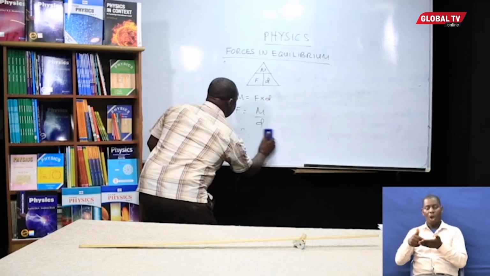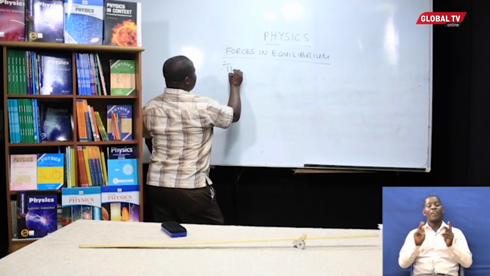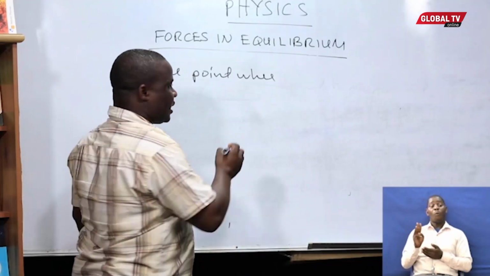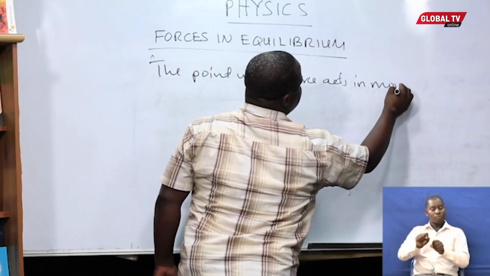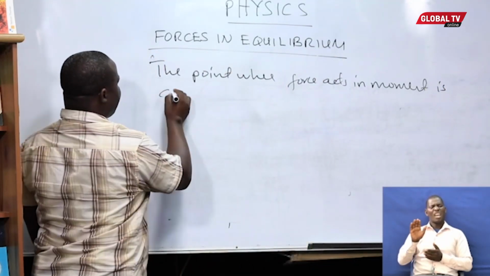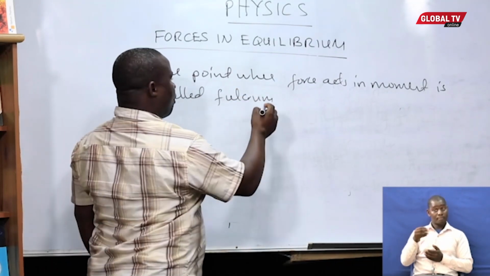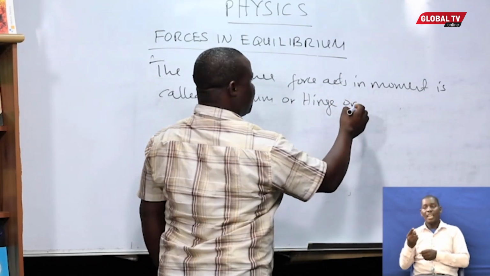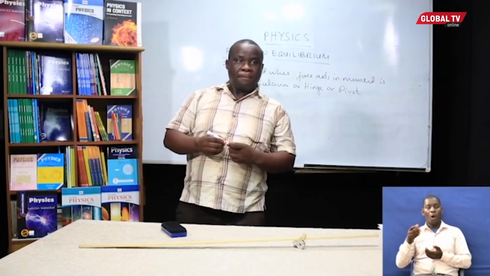Let us write this: the point where force acts in moments is called the fulcrum, or others say hinge, or pivot. All these are words used to describe that point.